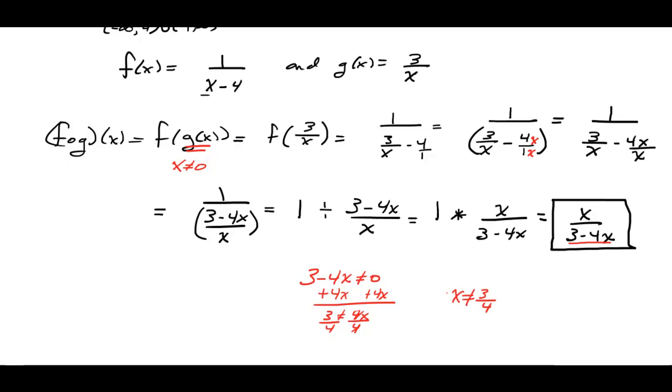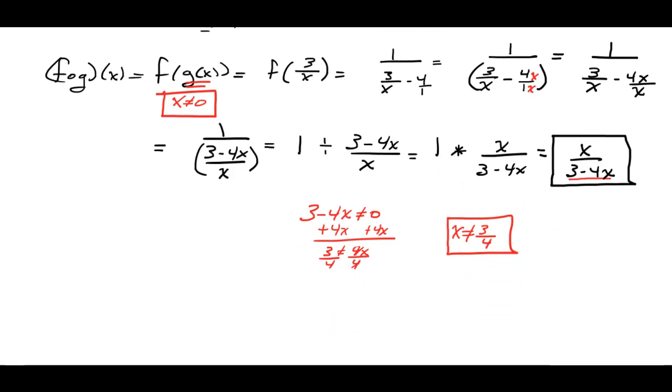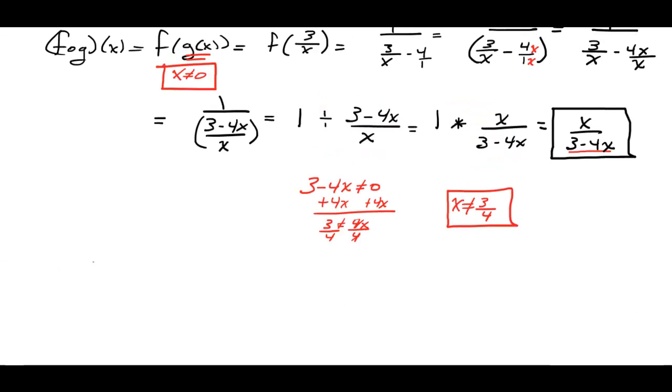So now we have the domain from my final simplified composition and the domain from my inception function. Where do these two overlap? They overlap where those two values are excluded. So the domain of f composed of g of x is all values of x such that x cannot equal 0 and 3/4.